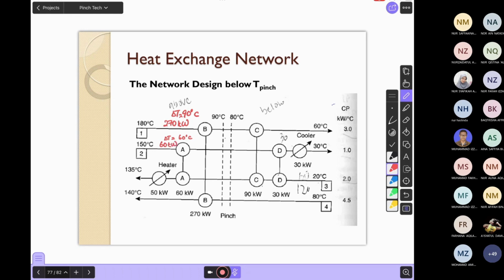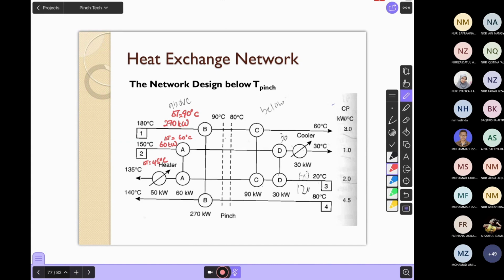Okay, look at the lower one. Stream number 3. 90 to 135. How many degrees? 45 degrees Celsius. What is the heat load?